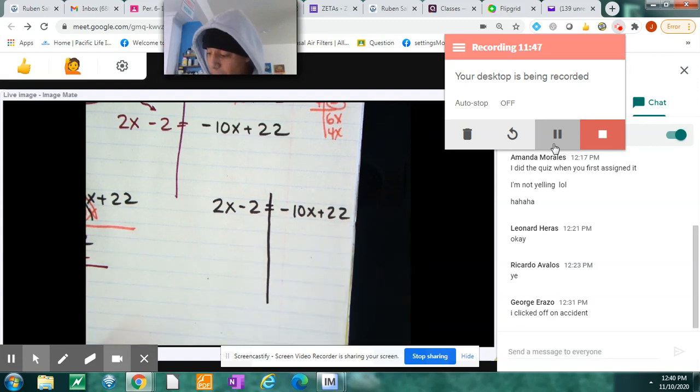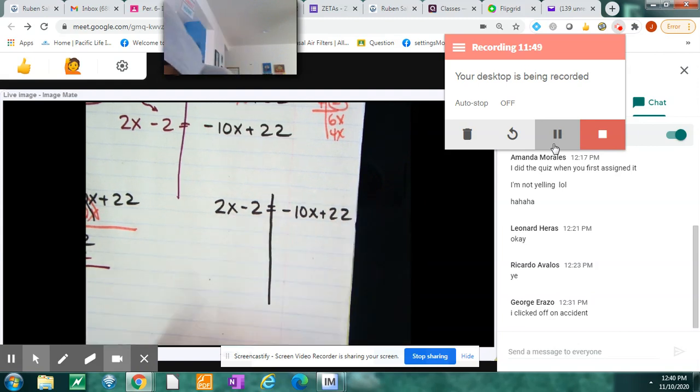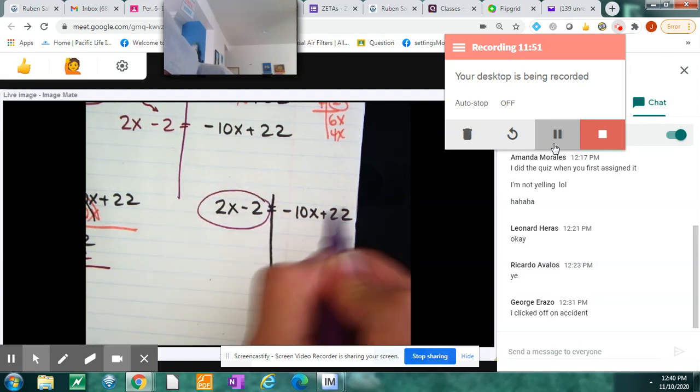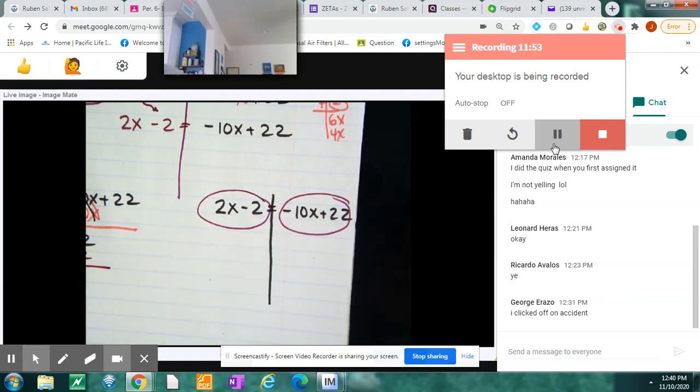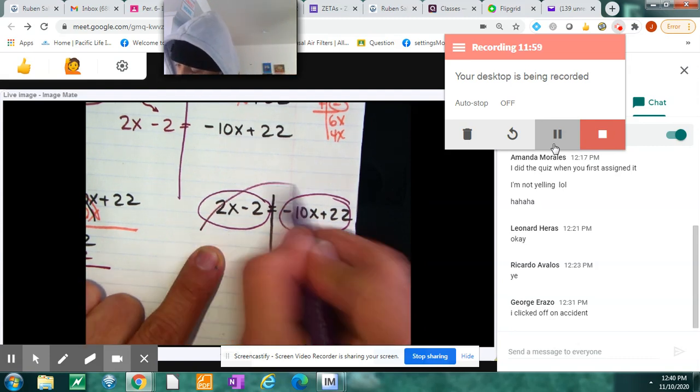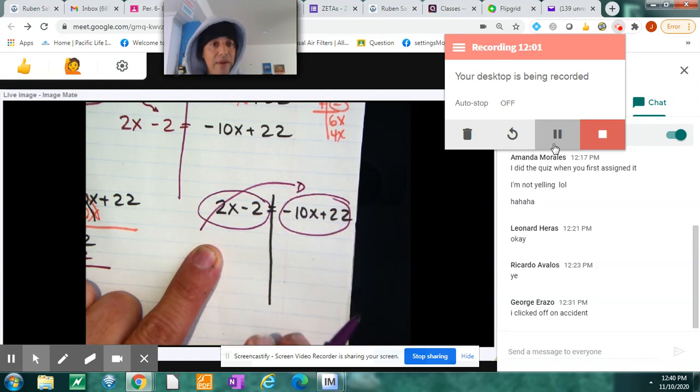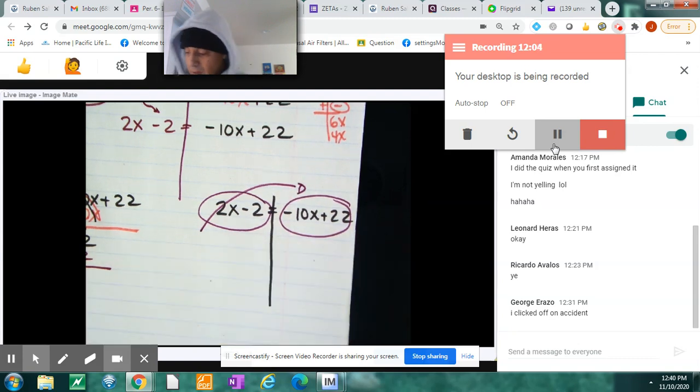So we got x's on both sides, and we said we're going to get rid of the 2x. We're going to throw the arrow this way. See that? If I have a 2x, what do I need?